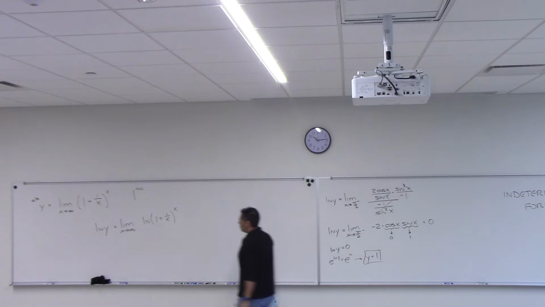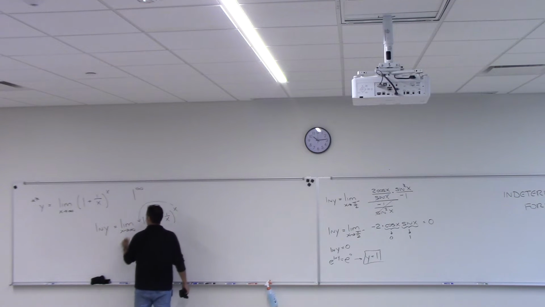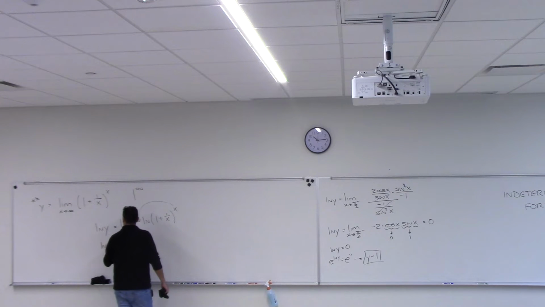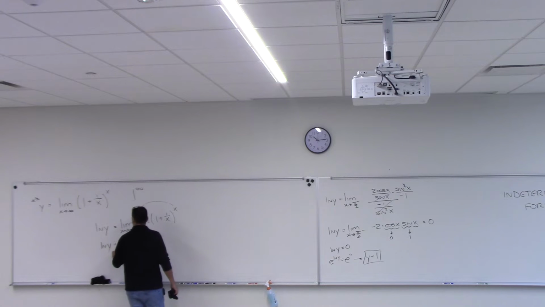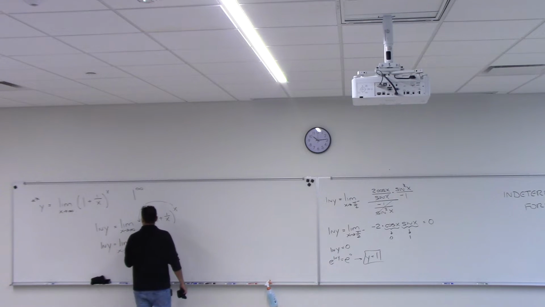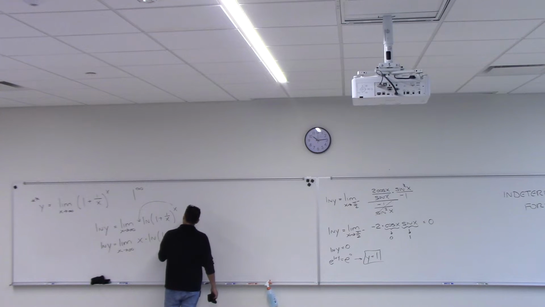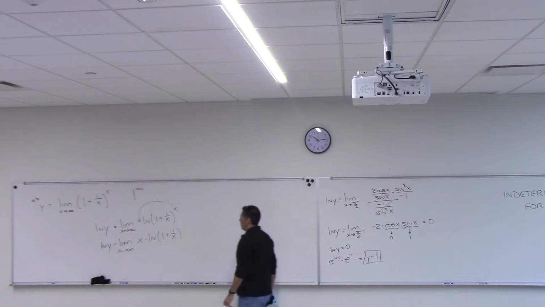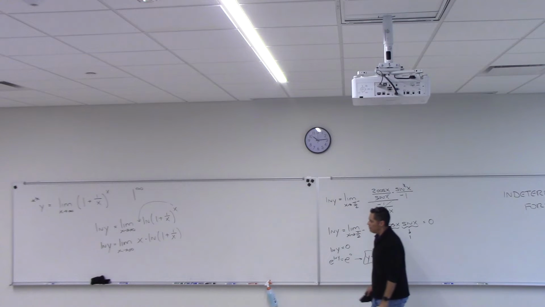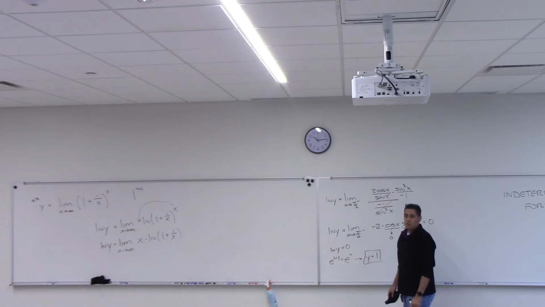Now I will drop the x. So this x is going to pop in front here. So natural log y. Isn't that a really nice property of natural log to be able to do that? I mean, we use it a lot. Okay, there we go. It's dropped out front. Now, what?